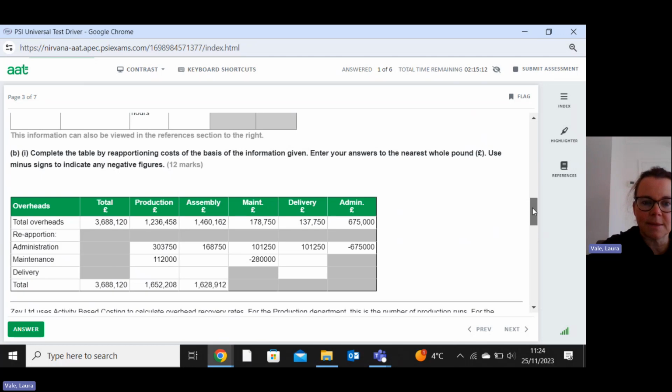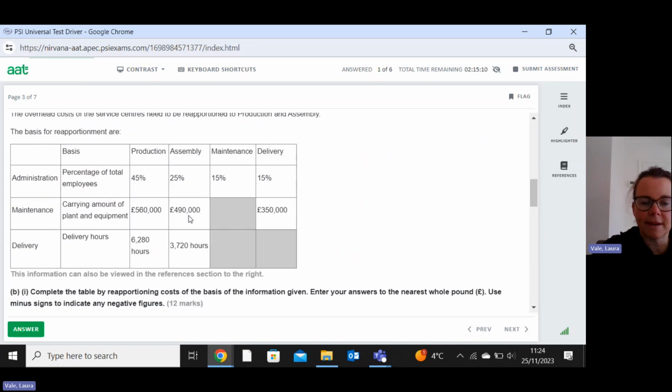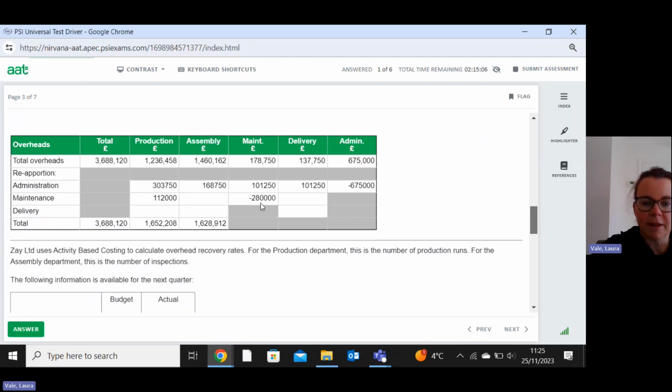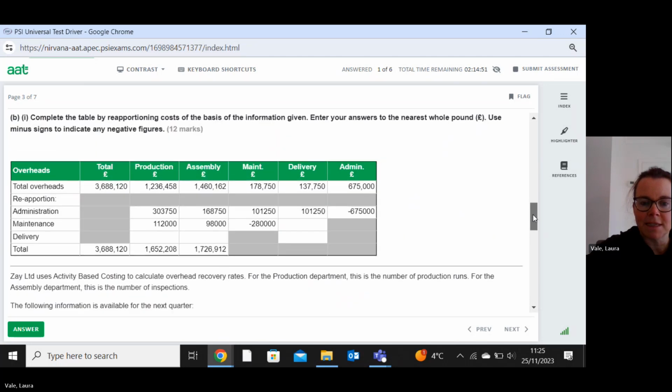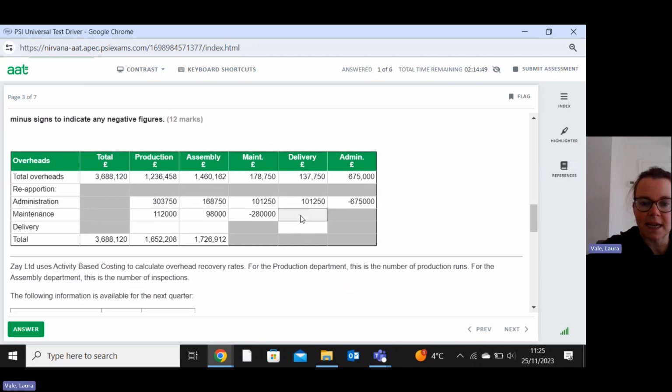Follow the same system, so we're going to do 490 divided by 1,400 times by the 280,000. So that gives me 98,000. And then the delivery, same system again. So you do 350 divided by the 1,400 times by the 280,000, which gives me 70,000.